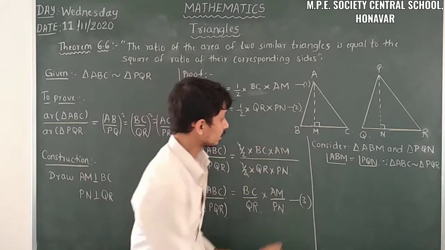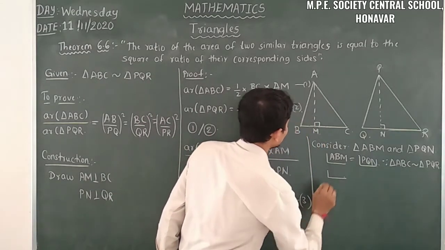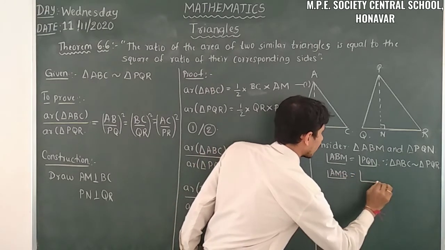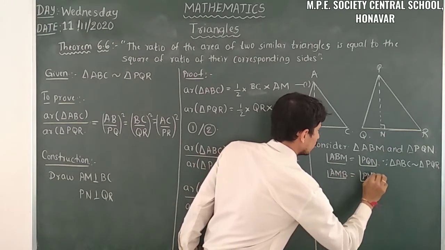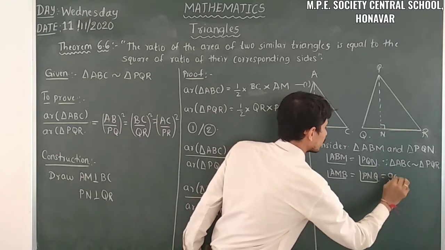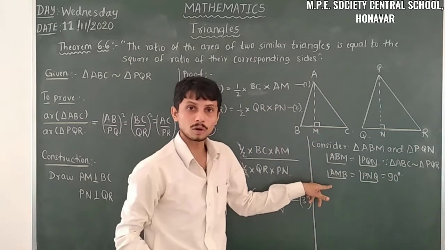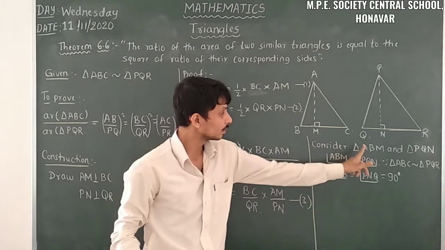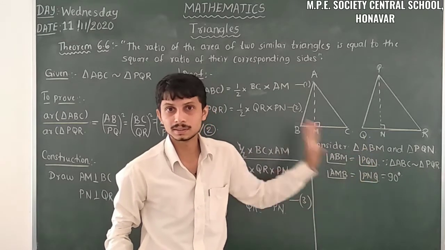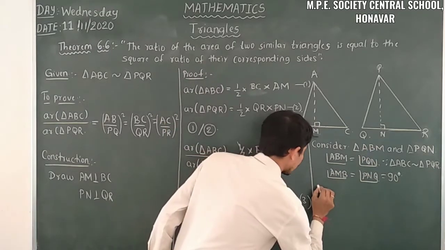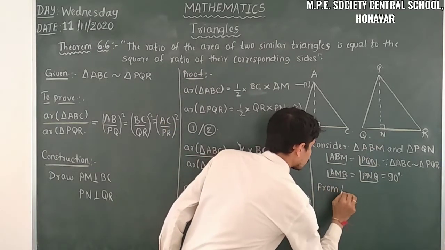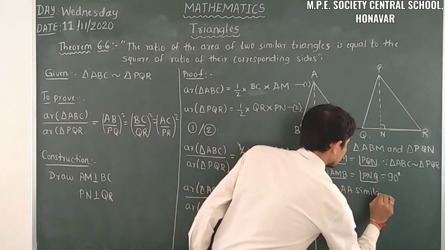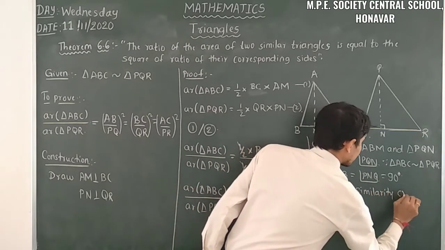That is angle AMB is equal to angle PNQ, which is equal to 90 degrees. So here we have two equalities. So from the AA similarity criterion we can consider those two triangles as similar.